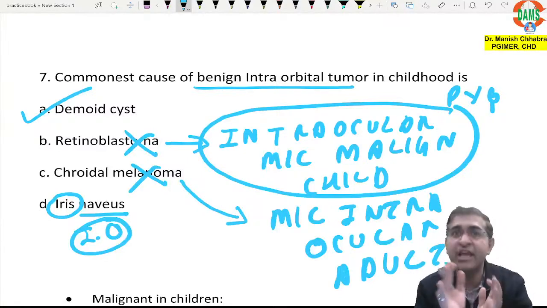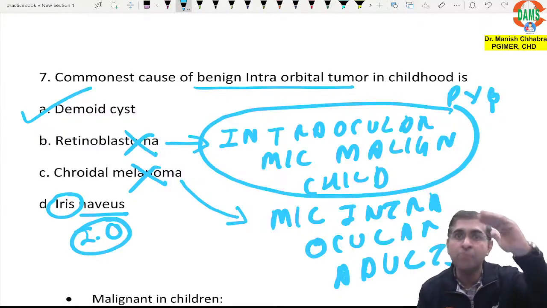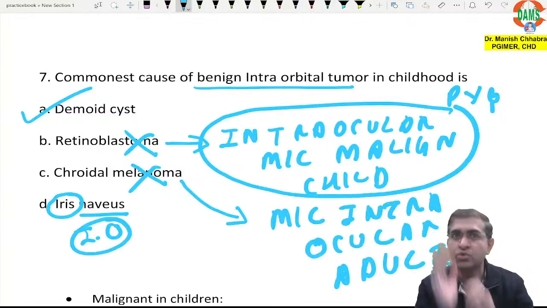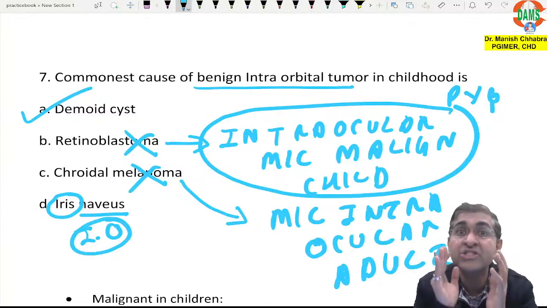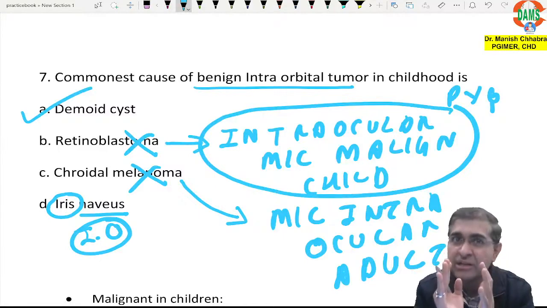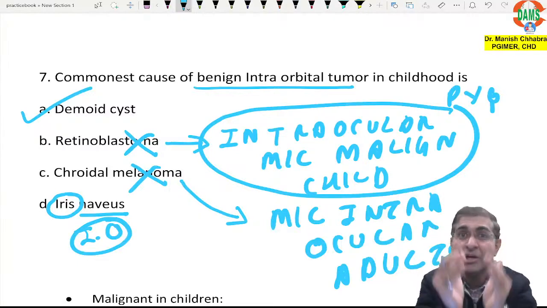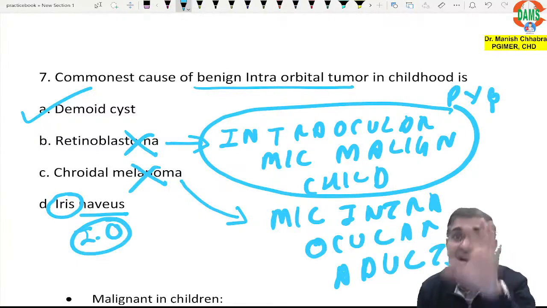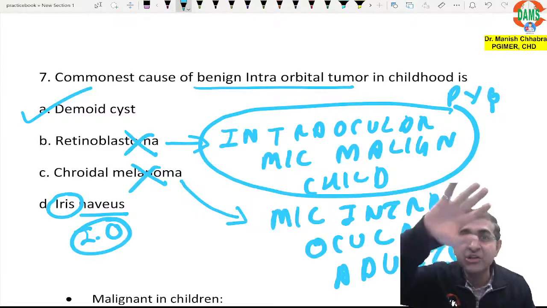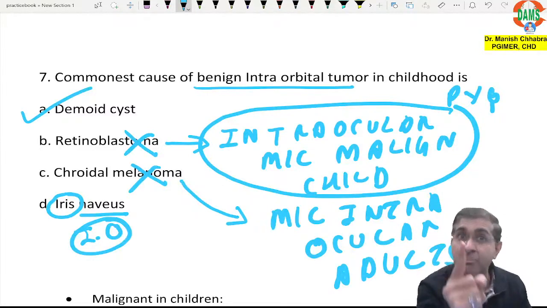The knowledge level between 160 and 180, and between the top 100 rank and within 2000, it is all the same. But what matters is how you have trained your brain to be able to pull out the right answer, which is there in front of you already. You just have to identify that Bhairupia.